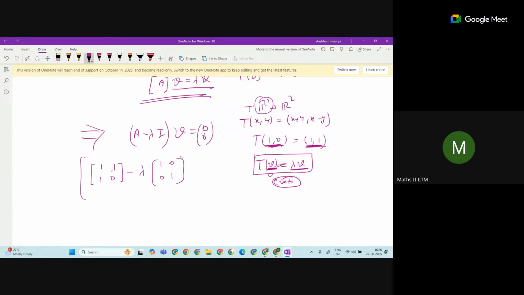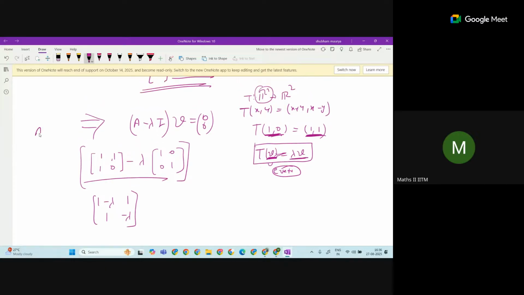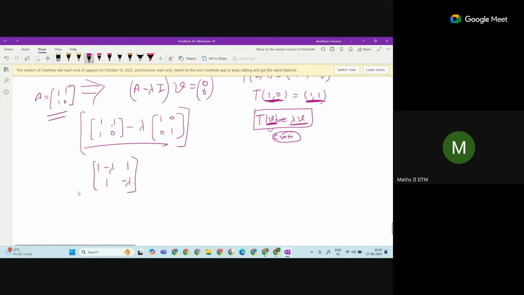We will get the matrix [[1 − λ, 1], [1, −λ]]. From this matrix we find the determinant.